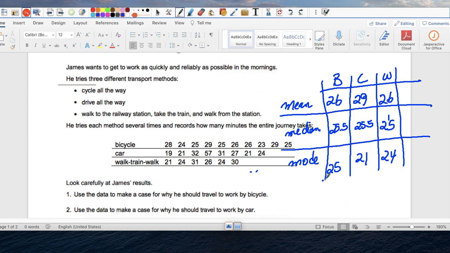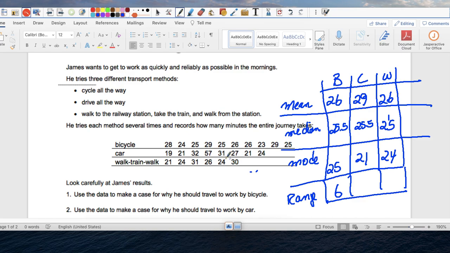But there's one that I forgot, and the one that I forgot is the range, and I'll tell you why that's gonna come in handy in a second. The range for the bicycle is, let's see, the highest one's 29, the lowest one's 23, so the range is 6, right? 29 minus 23, 6.